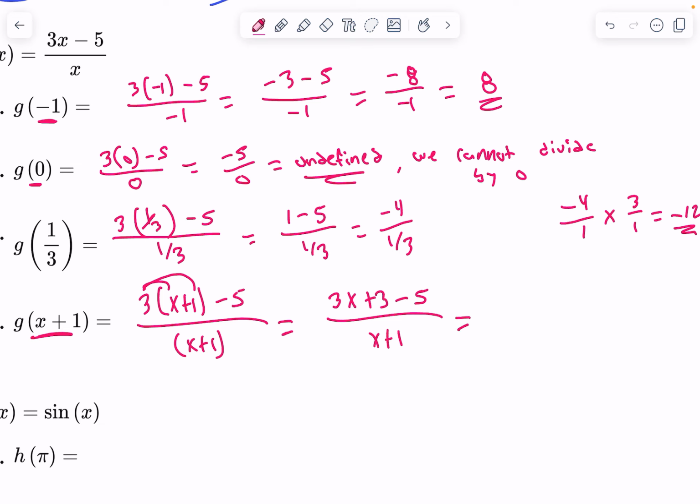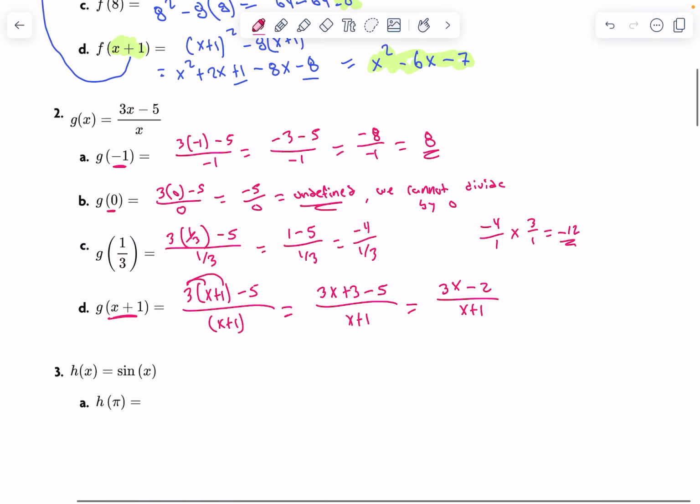We can combine some like terms, so 3 minus 5 becomes minus 2, all over x plus 1. Very, very nice. So we have 8 here, this is undefined, we have negative 12 over here, and we have 3x minus 2 over x plus 1.